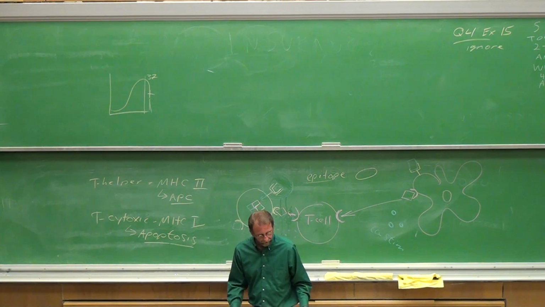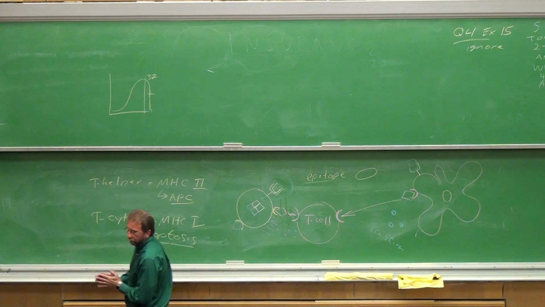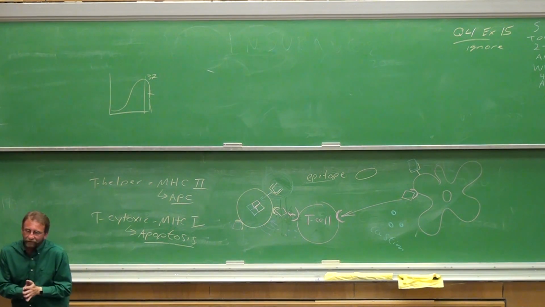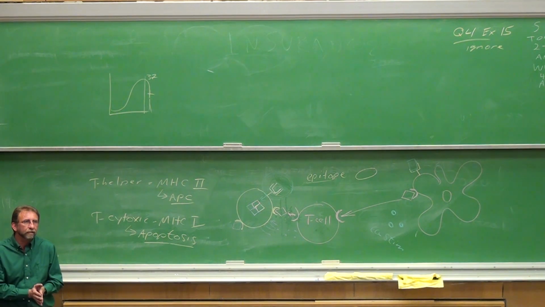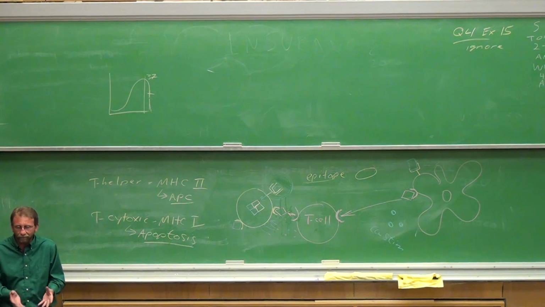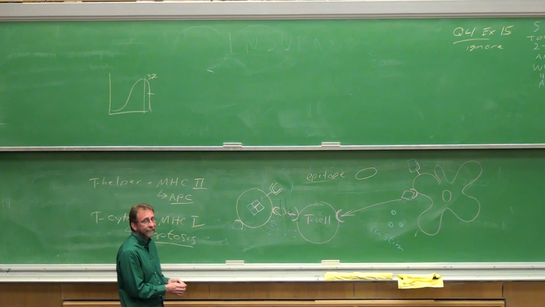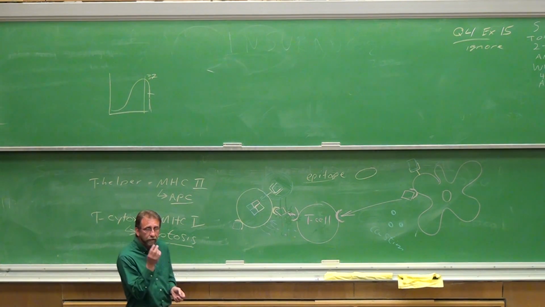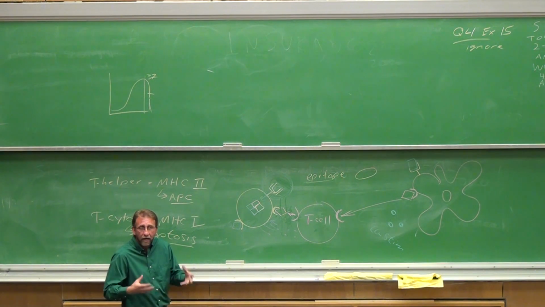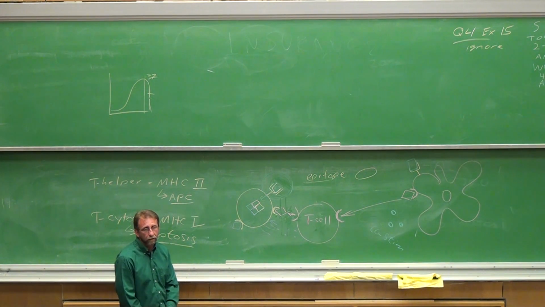T cells, on the other hand, are going to undergo two types of selection. First, they're going to undergo positive selection in the bone marrow. The T cells? T cells undergo positive selection? They undergo two selections. They undergo a positive selection in the bone marrow.